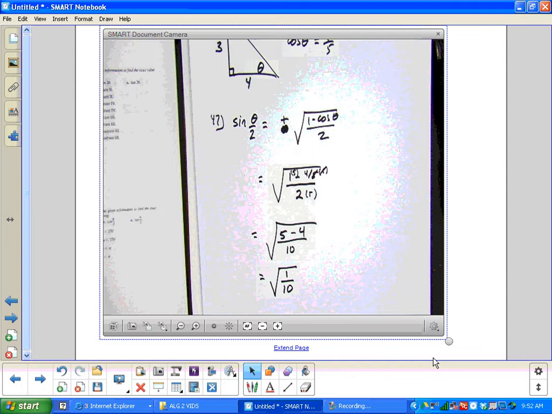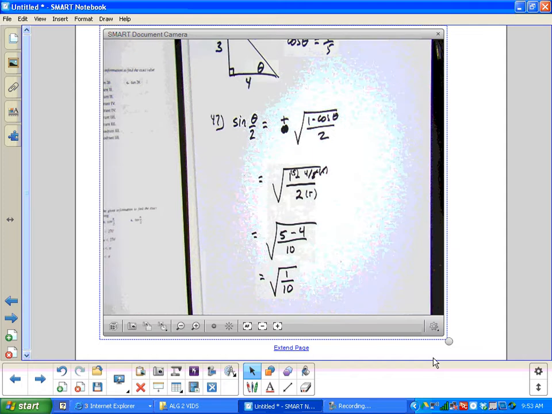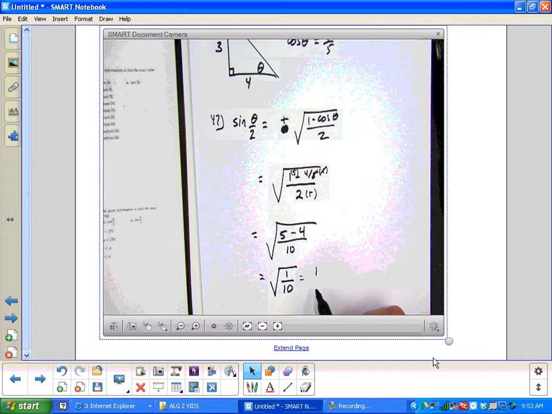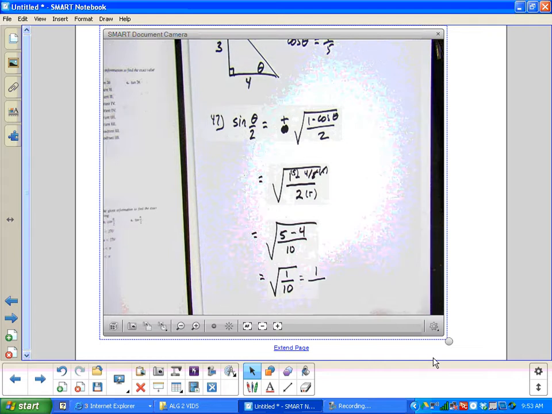Okay, now let's see if you guys know, how do we do the square root of a fraction. Right. Square root of the top and the square root of the bottom. Square root of the numerator and the square root of the denominator. So what's the square root of 1? 1. Now, square root of 10, 10's not a perfect square. So it's just square root of 10.